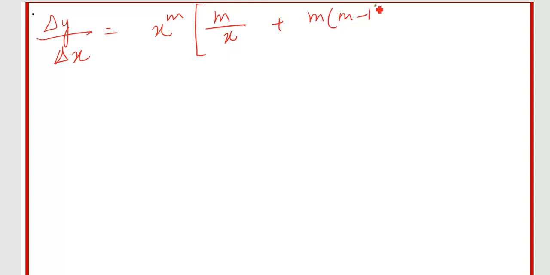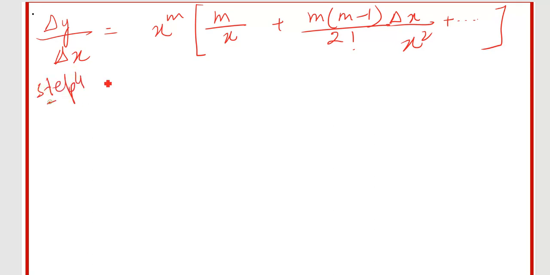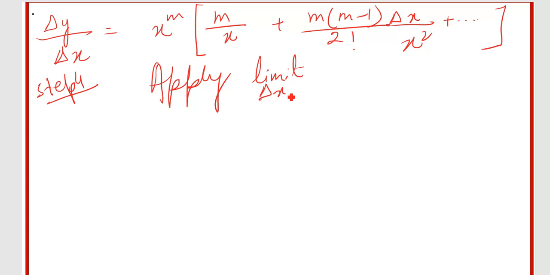So we have here delta y over delta x, which is equal to x raised to power m, and here we have m over x plus m into m minus 1 divided by 2 factorial delta x over x square plus so on. And now is our final step, which is step number 4. In step number 4 we apply limit delta x tends to 0 on both sides of the equation.